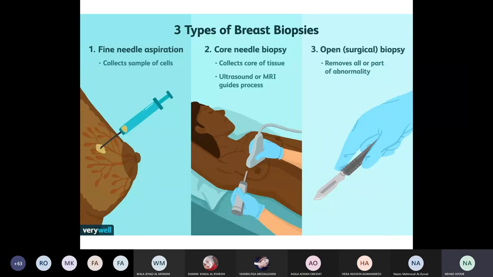A mass in the breast is not always cancerous, is not always malignant. It doesn't mean that any patient who has a palpable breast mass has breast cancer. Okay, sometimes it is benign, it is a fibrocystic disease, okay, or fibroadenoma, but there is a mass. So when there is a mass, a clinical presentation suggestive of breast cancer, we have to rule out or confirm breast cancer.